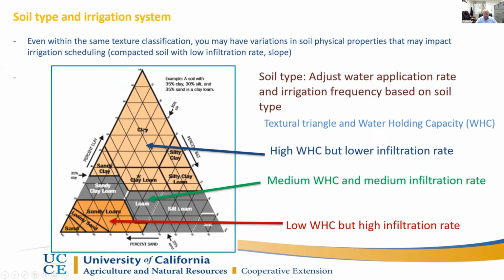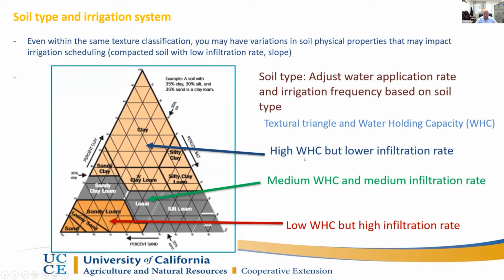That's basically when you have clay, clay loam, silty clay loam, sandy clay, those are typically heavy soil types. The characteristic of heavy soil type is high water holding capacity and lower infiltration rate. So I know when I'm using this soil, I can store a lot of water, and that will impact my irrigation frequency.